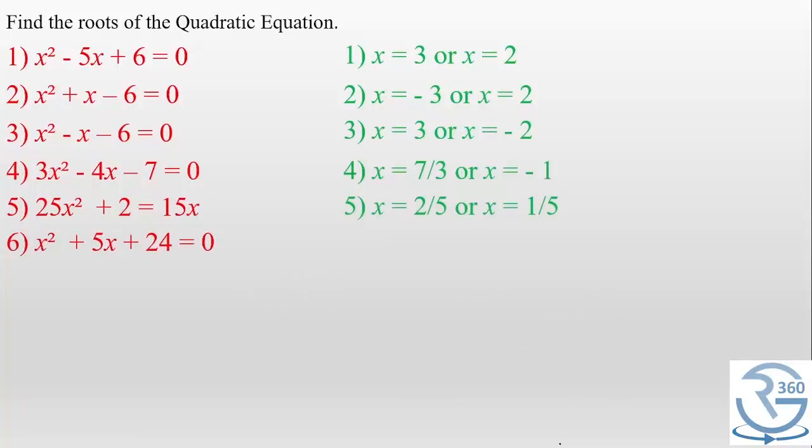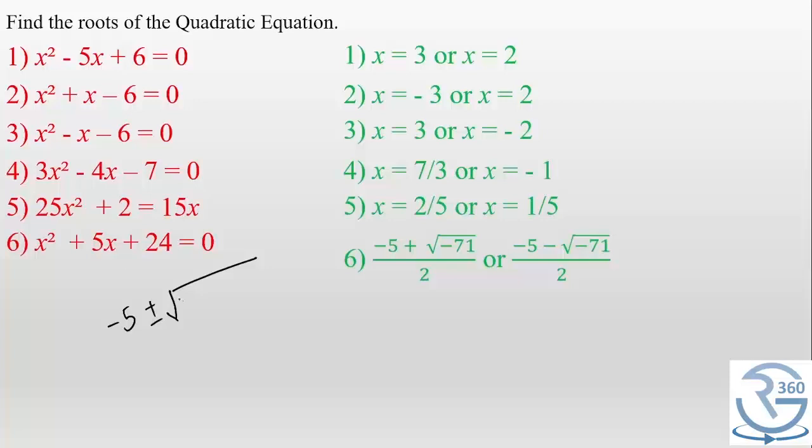Sixth question, x square plus 5x plus 24 is equal to 0. Now 8 into minus 3 is 24. So I am not able to split the middle term. So I am going to use the formula which says the roots are minus b, that's minus 5, plus minus under root of b square, that's 5 square, which is 25, minus 4, a is 1 and c is 24, divided by 2 into 1.